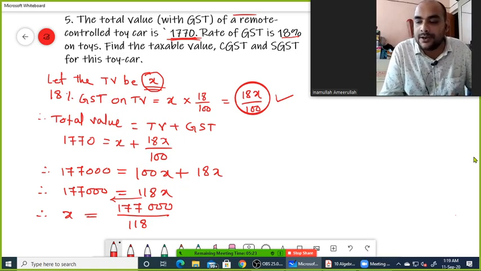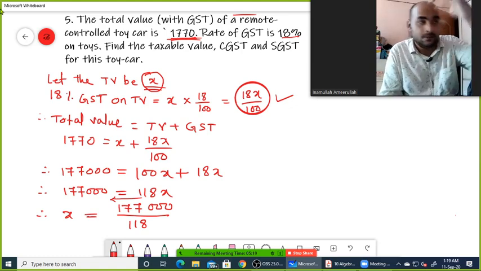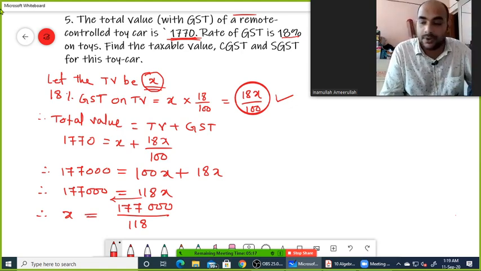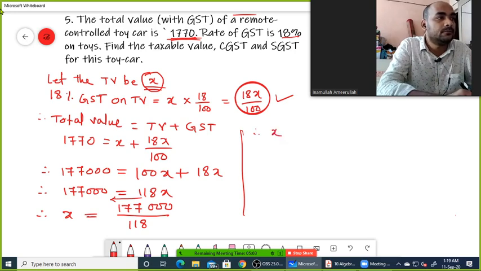So I'll get the taxable value, which should be 1500. So you can multiply 1500 with this 118, you will get 177,000. So here x is 1500.